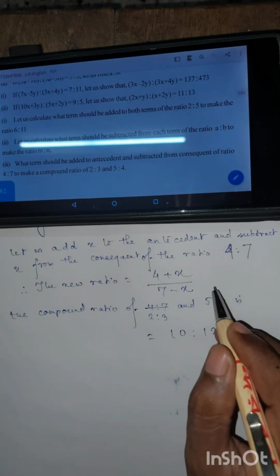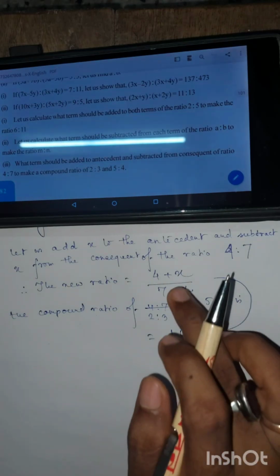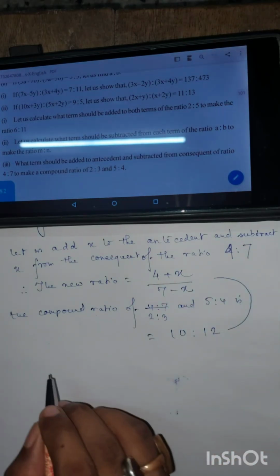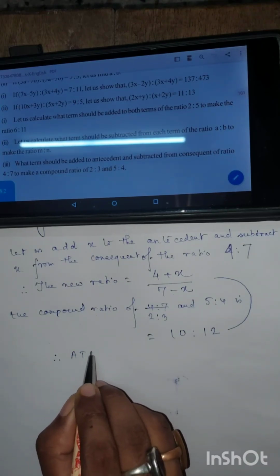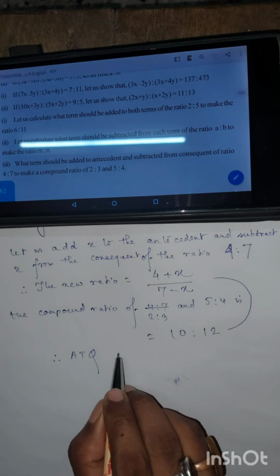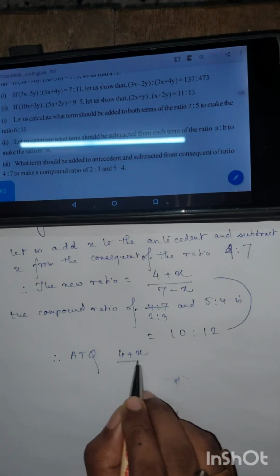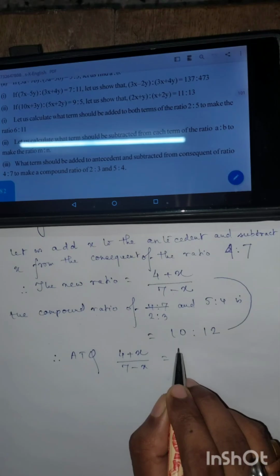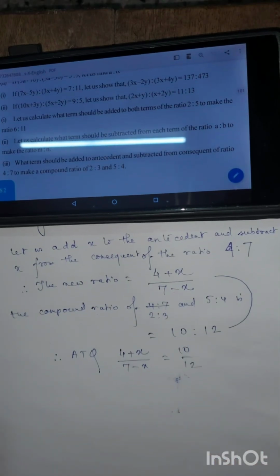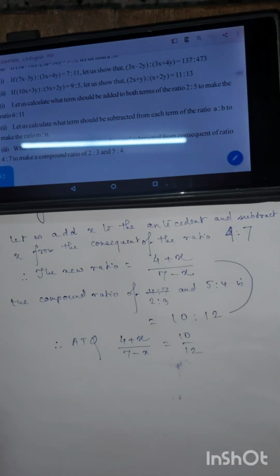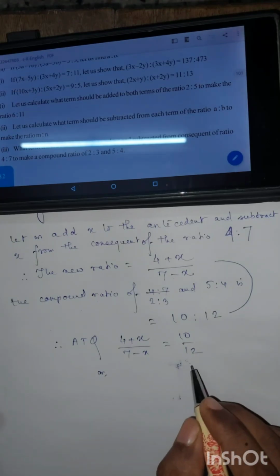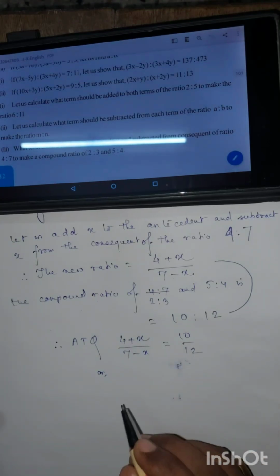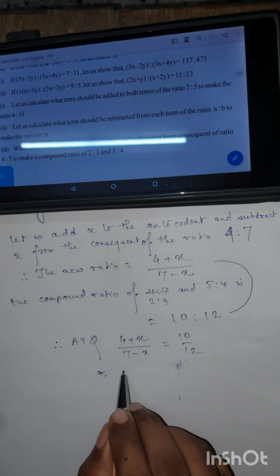So according to the question, these two are equal. Therefore, we can write (4 plus x) by (7 minus x) equals 10 by 12. By cross multiplying both sides of the equation, we get the equation.